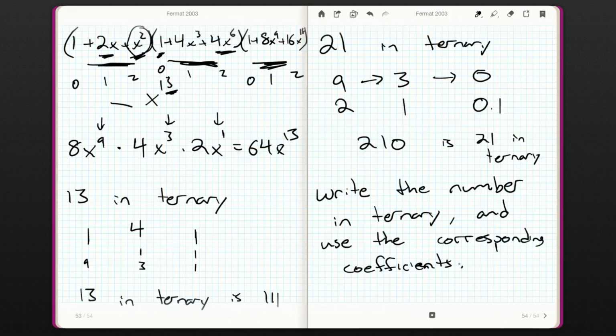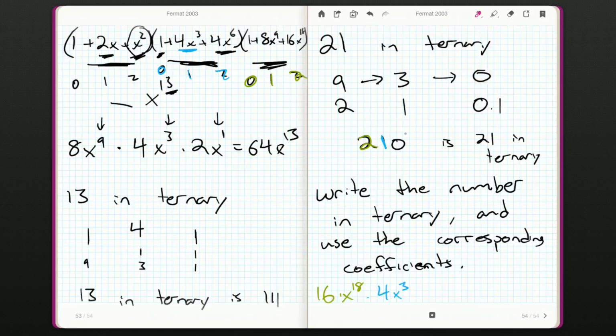So I'm going to use 21 as a test. Rather than trying to expand this out, I know 21 in ternary is 2 1 0. So that's 2 9s, and this represents 0 9s, 1 9, 2 9s. So I'm going to use 16 times x to the 18. And then my ternary for 21 has 1 3. So there's 0 3s, 1 3, and 2 3s. So this is the term that represents 1 3.